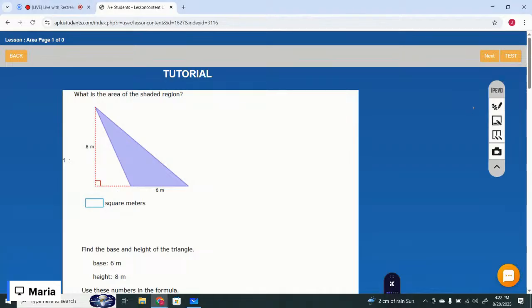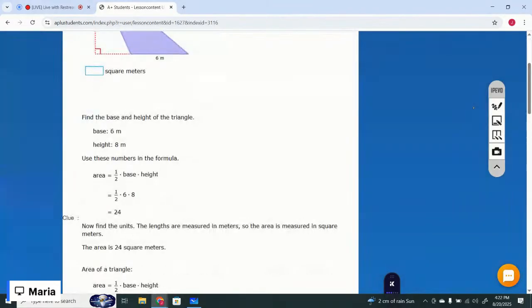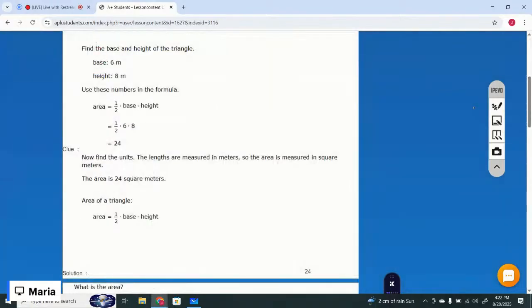We need to calculate the area of the triangle. The area of the triangle is half times base times height. So that is 1 by 2 times 6 times 8. So that is 24 square meters.